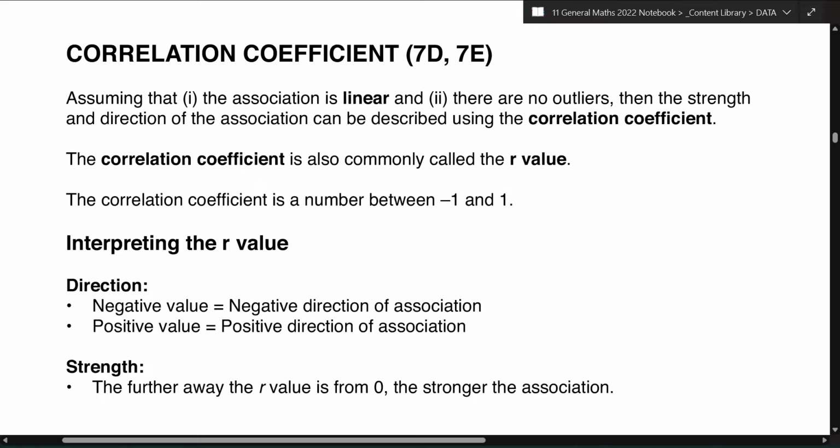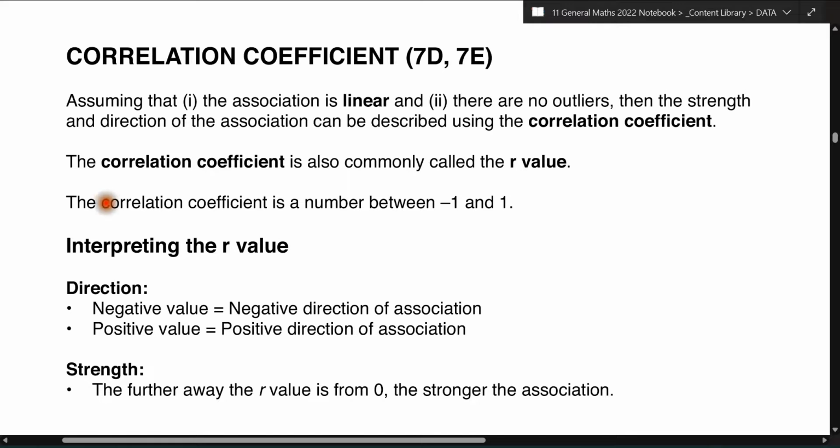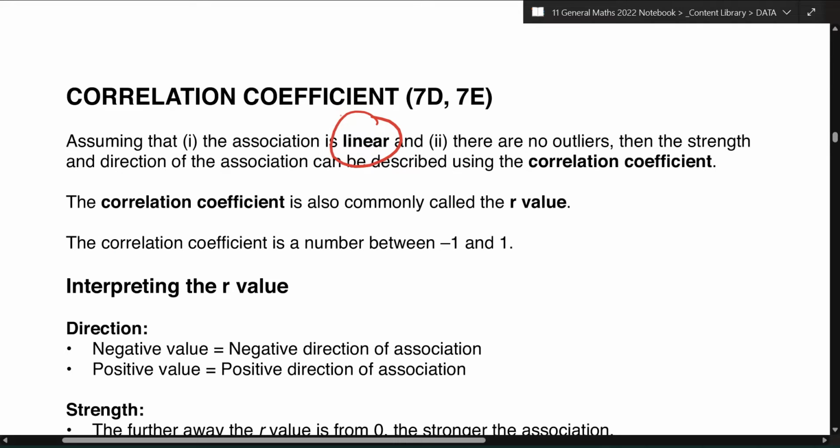So normally when you're working with graphs, assuming that the graph is linear, which means there's no curve and no outliers, then the strength and the direction, which is the association or the connection between two variables, can be found using the correlation coefficient. That is basically a numerical value.